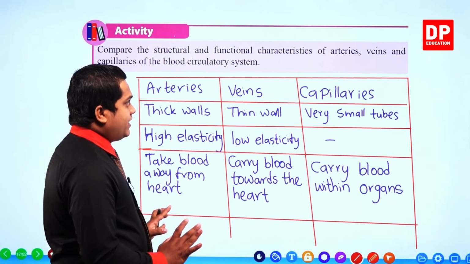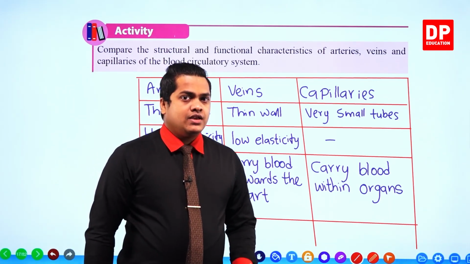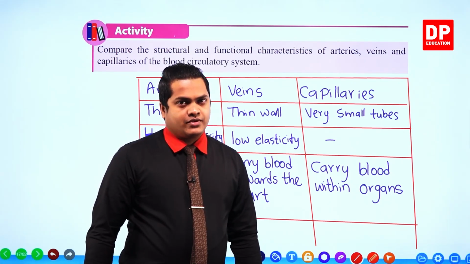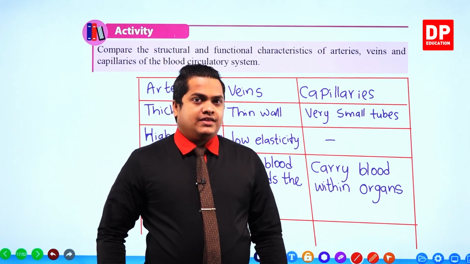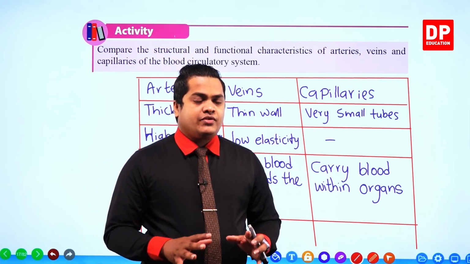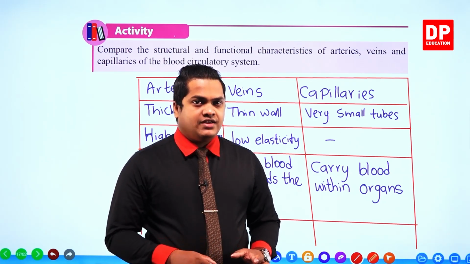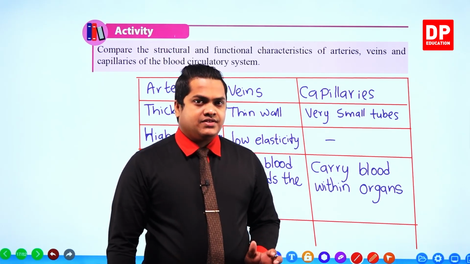So you find out what other characteristics can be observed within these arteries, veins and capillaries. Okay, so I hope that you follow the lesson, the things with regards to the arteries, capillaries and veins, and you will find out even more details than this.